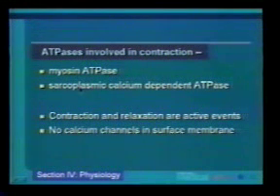Now, the second ATPase involved in contraction is the sarcoplasmic calcium-dependent ATPase. Now, this is the calcium pump on the sarcoplasmic reticulum that returns the calcium to its storage depots.